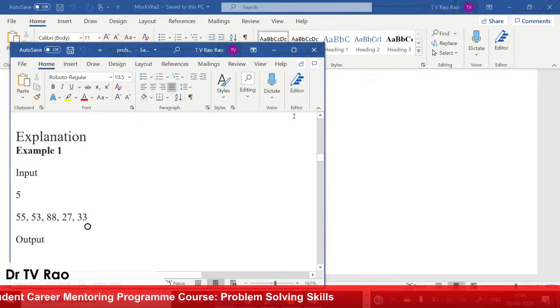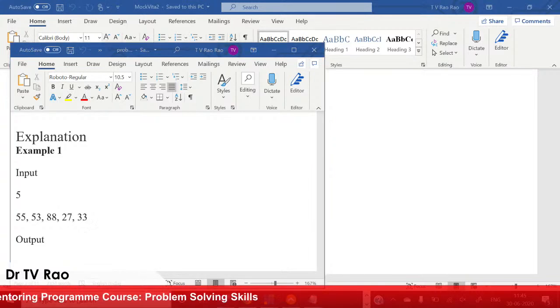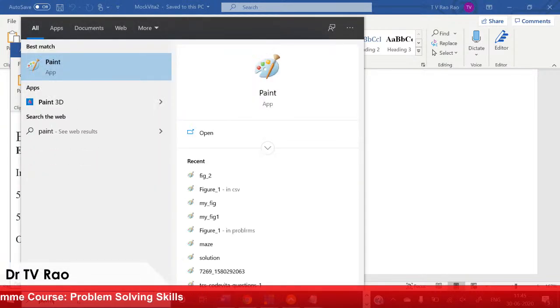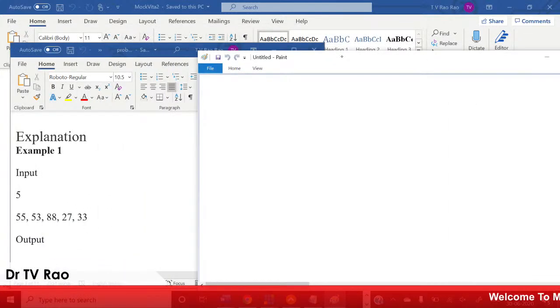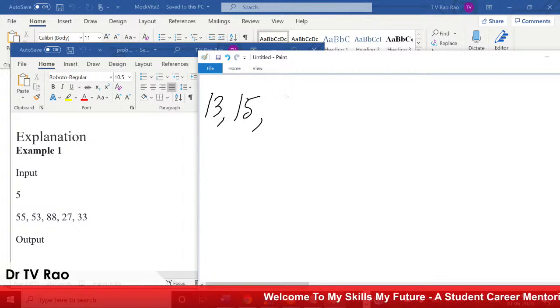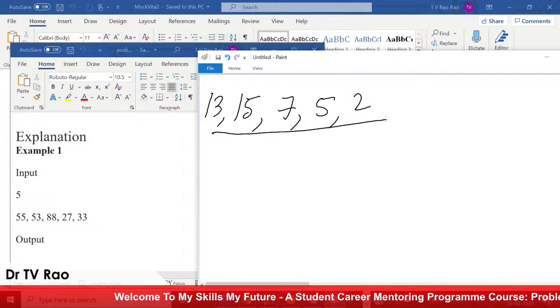For example, say 15, 13, 7, 5, 2 are given.